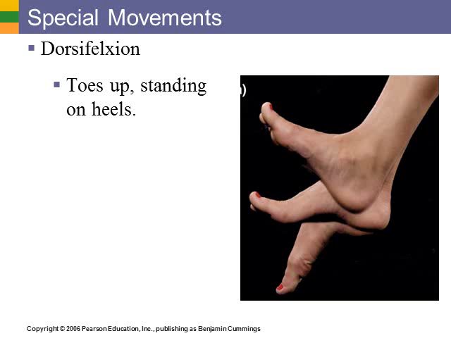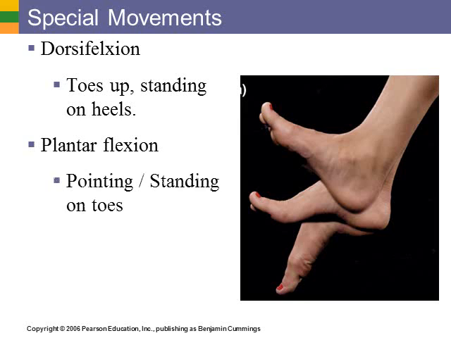Then as you go forward, get that little spring off your foot, you'll go into plantar flexion. This would be standing or pointing on your toes, or even taking a step. As you shift your weight forward, taking your step, your toe will push down against the ground. So in a general step, you'll go from dorsiflexion and then slowly move towards plantar flexion as you take your step off.